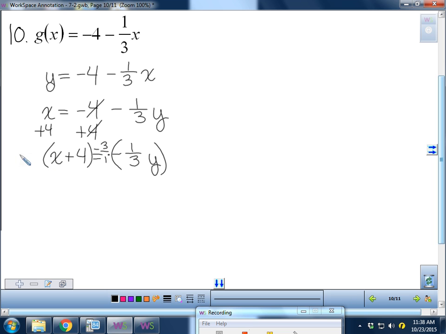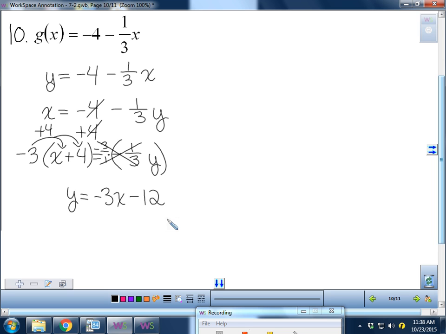Everything gets multiplied by negative 3 over 1, which, by the way, is just negative 3, right? So over here, this cancels. So I have y equals, and then I have to distribute. Negative 3 times x is negative 3x, and negative 3 times 4 is negative 12.